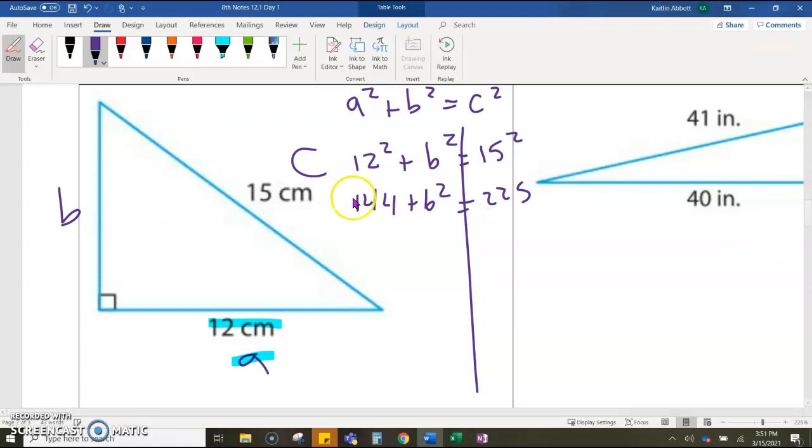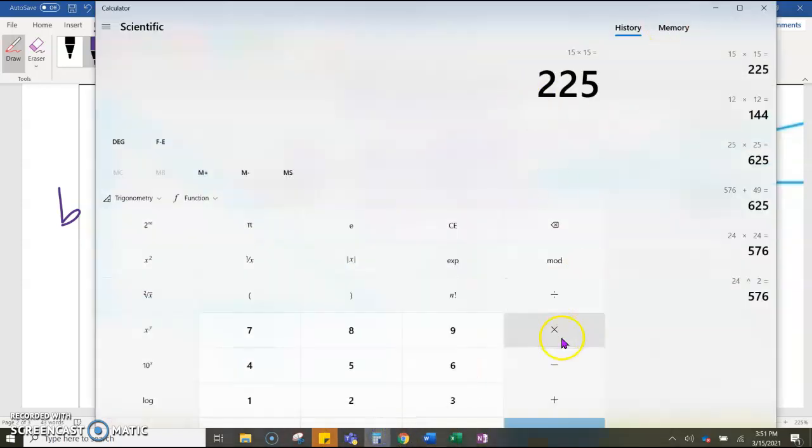Okay, now I gotta get these two numbers together. So I need to get the 144 away from that B squared. So I'm gonna subtract 144 from both sides. Okay, now I'm left with B squared equals 225 minus 144. 225 minus 144 equals 81.